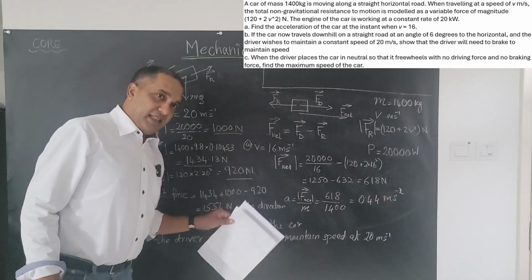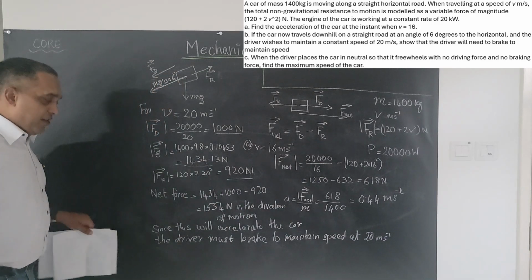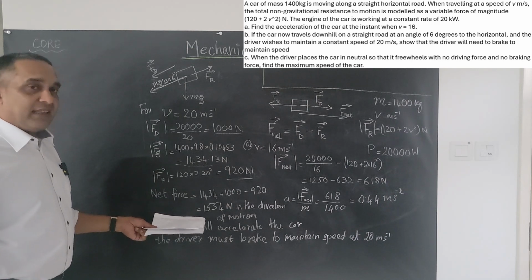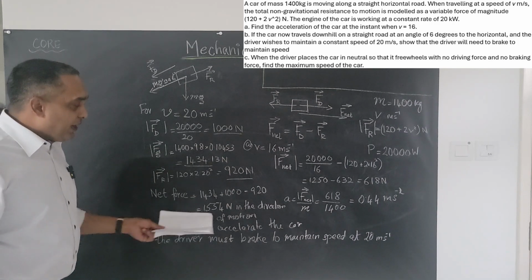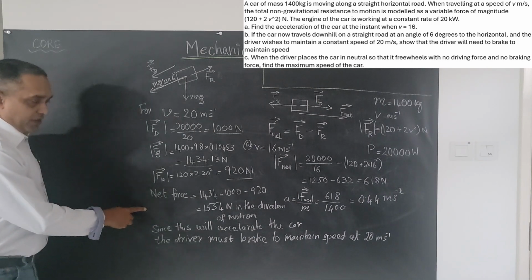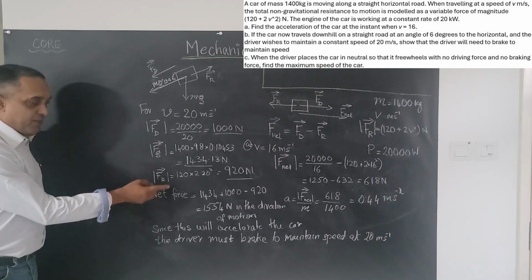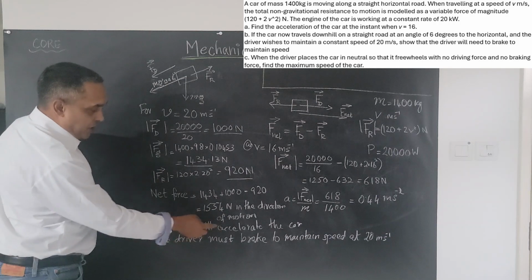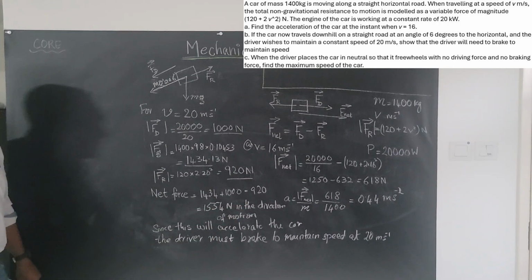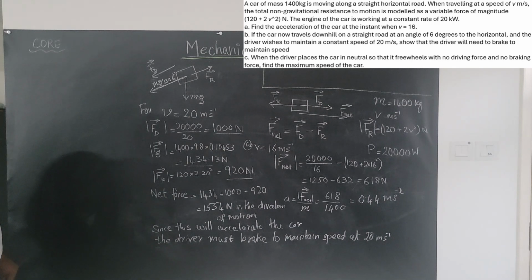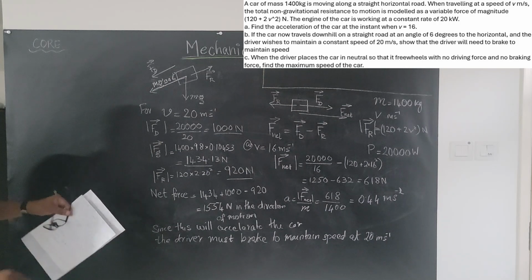Again, this is more valuable to the examiner because they're not just saying, show me this calculation. And even if you didn't show this calculation, I did this to illustrate, but they'd probably still be happy if you just said the net force will tend to accelerate the car, and so the driver must brake to maintain speed at 20. So that's what the question is saying.